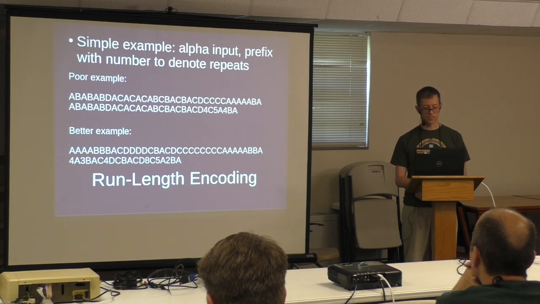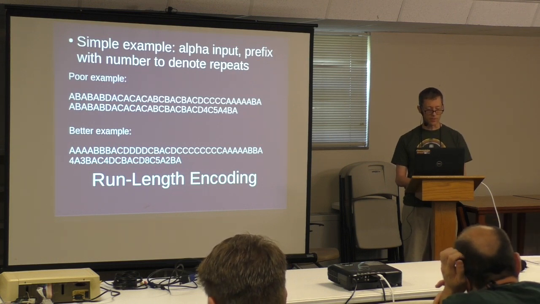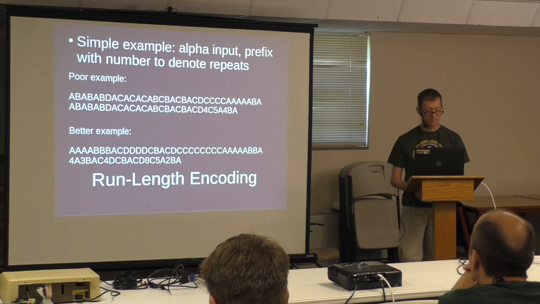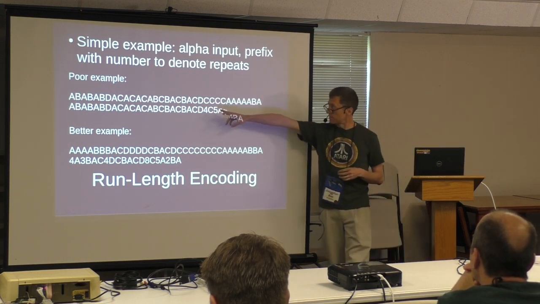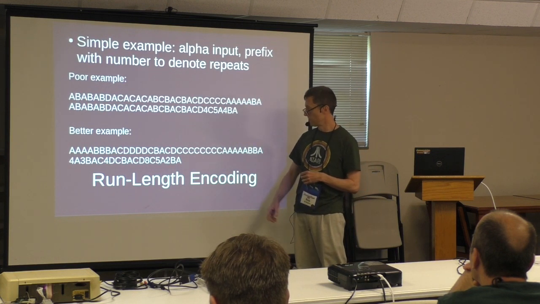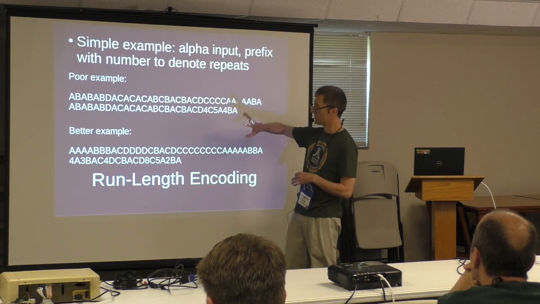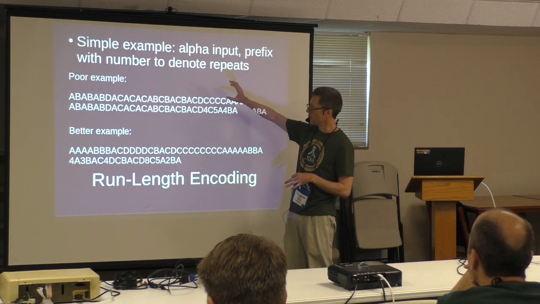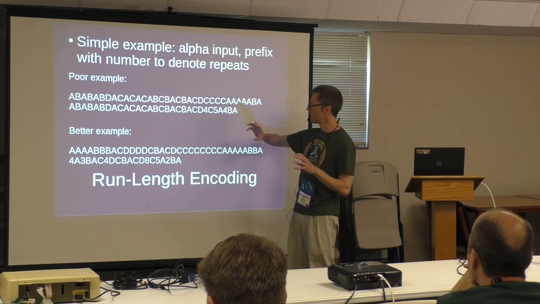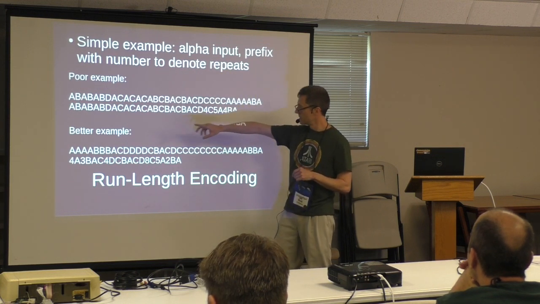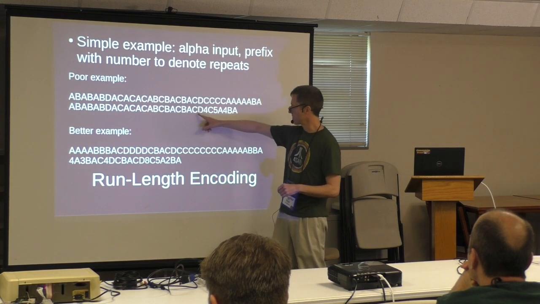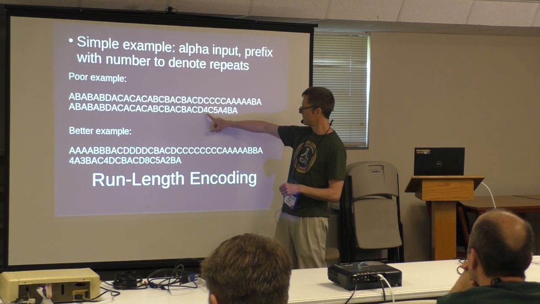this first example won't compress very well because there's not a lot of repeating stuff. There's only repeating stuff here near the end. But if you just use a simple example where we assume the input's only alpha, and then we use numbers to indicate a repeat, you have this big string of stuff that's not compressible, and then finally you get to 1.